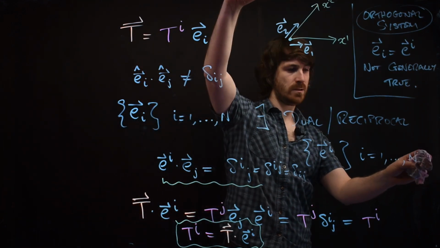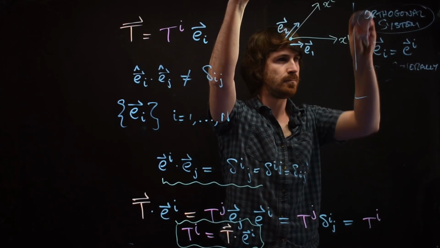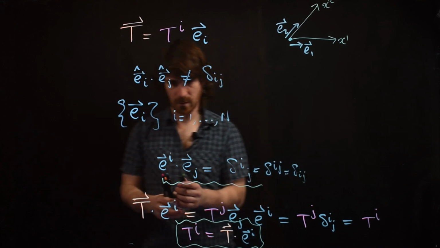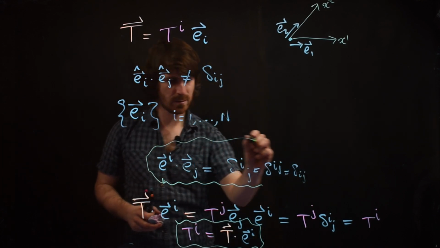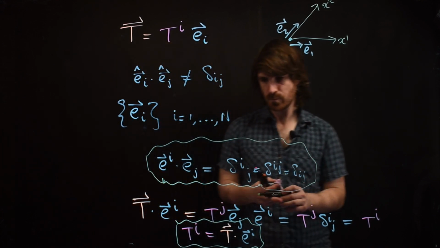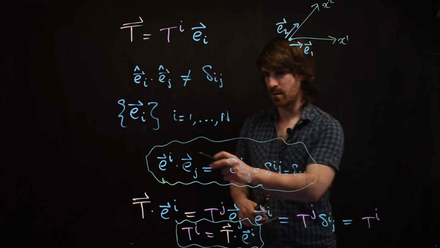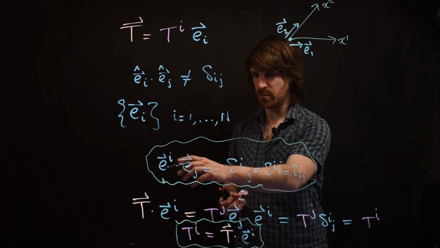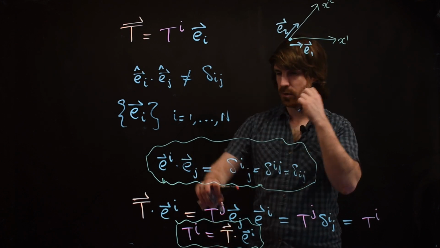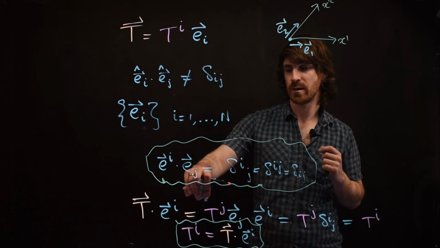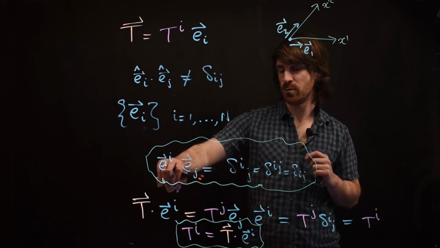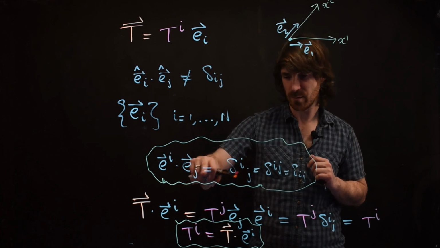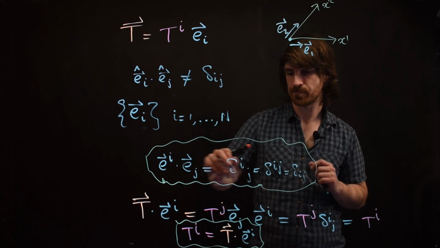So let me rub this out and look at this a bit more closely. It's telling us that the dual basis vector is orthogonal to all of the other natural basis vectors. So the dual basis vector for coordinate i is orthogonal to the natural basis vectors of all the other coordinates.